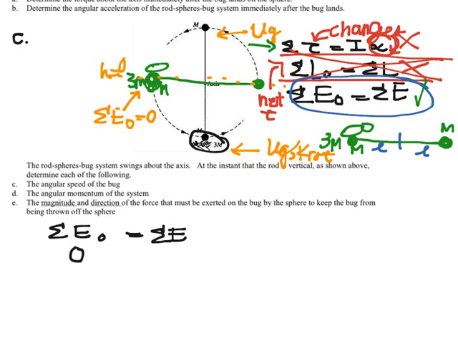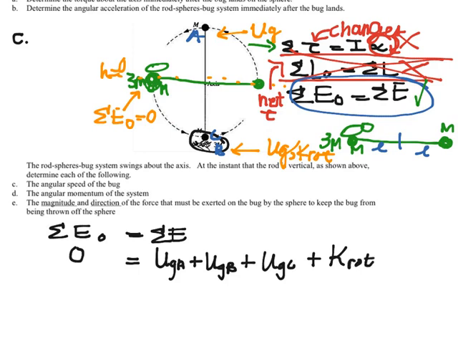At the end, and again, just for convenience, I'm going to name our objects. Let's say this is A, the bug is B, and this other blob is C. Then at the end I have UGA plus UGB plus UGC, and also plus rotational kinetic energy.